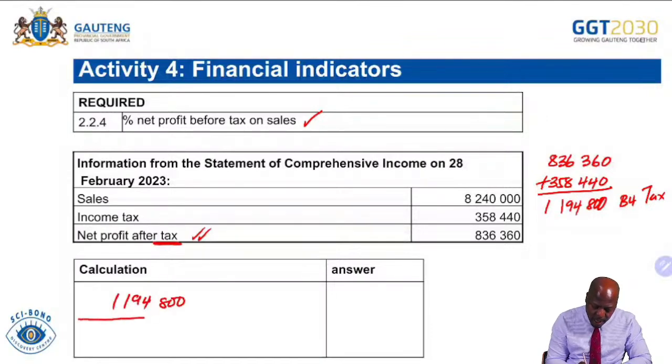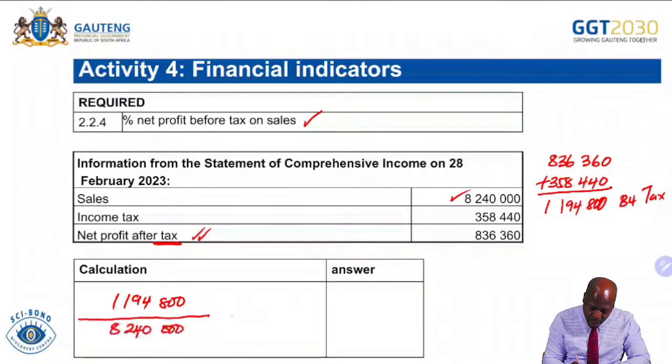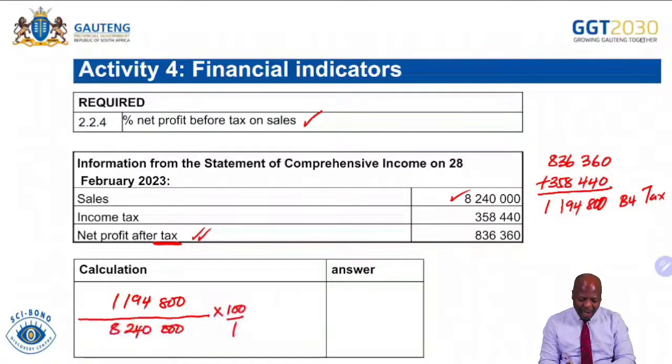I divide this by what? Remember, net profit before tax on sales. So I divide this by my sales, which is 8,240,000. Then I multiply by 100 over 1.